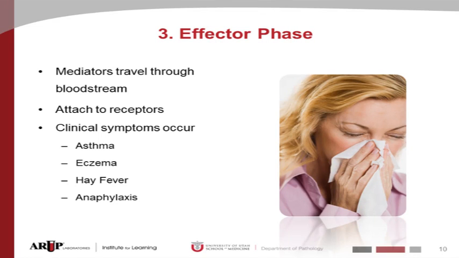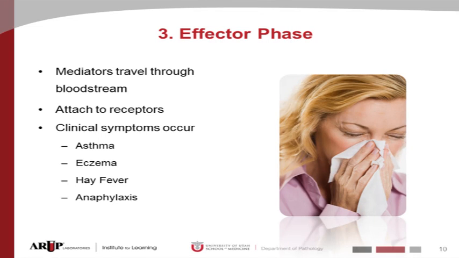The third phase is called the effector phase. This is when the mediators travel throughout the tissue and the bloodstream, reach their effector sites, and attach to receptors throughout the body. Those receptors could be in the bronchioles, in the blood vessels, in smooth muscle, or in your skin.